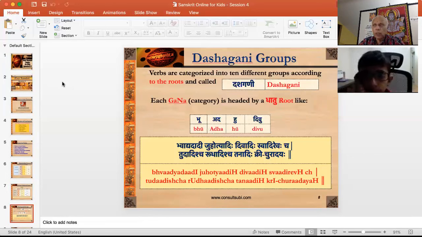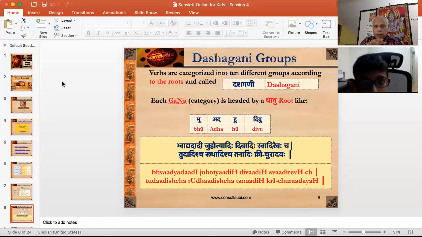You see that, to the roots, I put it in red, to the roots, and called Dasha Gani. Each Gana or category is headed by one dhatu, a root. Like for example, you see Bhu, Ad, Hu, Div. These are dhatu roots. From Bhu comes Bhava. So the roots are what form the Gana.